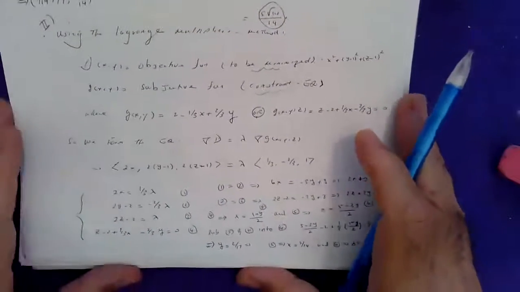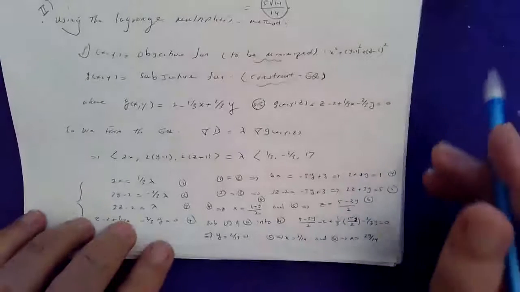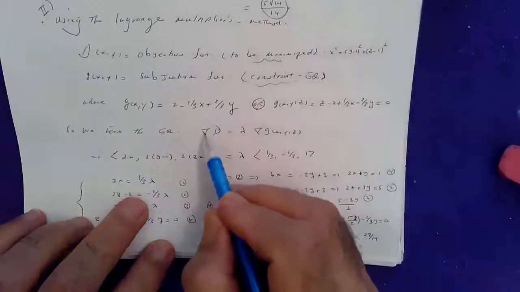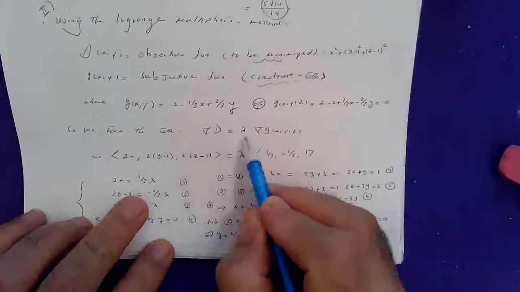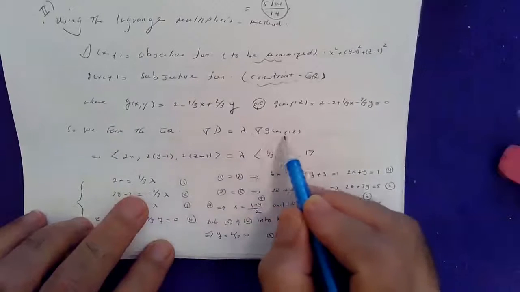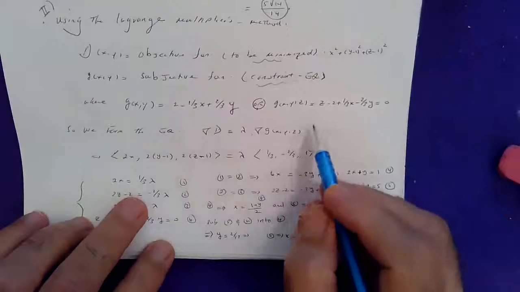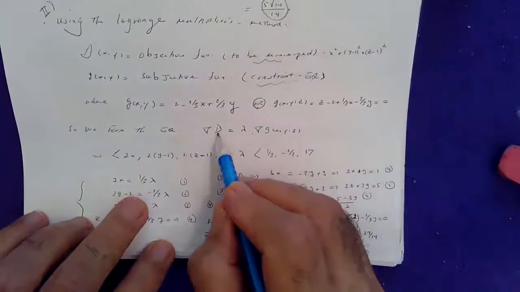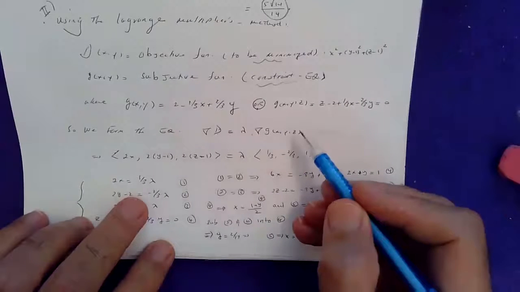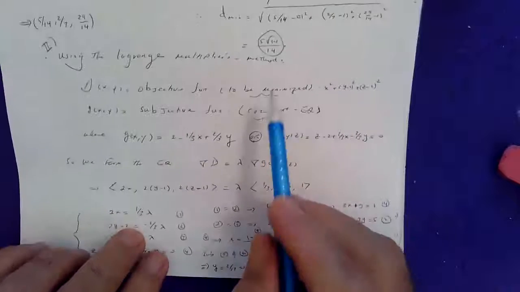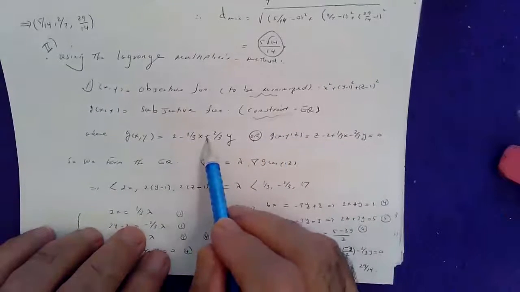So according to the Lagrange multipliers equation, you take the gradient of the objective function and set it equal to lambda times the gradient of the constraint function. In other words, you're trying to minimize this subject to the points being on the equation of the plane.